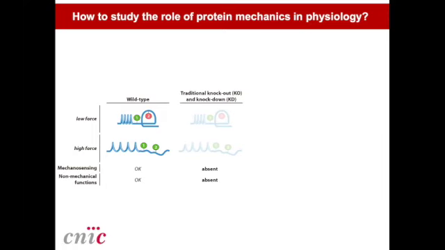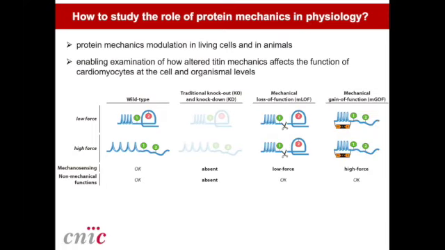So the question is how we can study the role of protein mechanics in physiology and also in vivo, so in living matter. In our project, we want to implement a tool with which we can analyze and modulate the mechanical properties in living cells and animals.